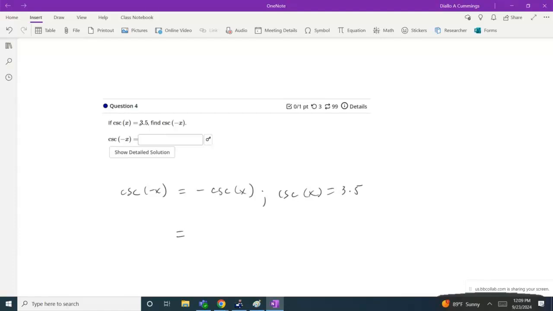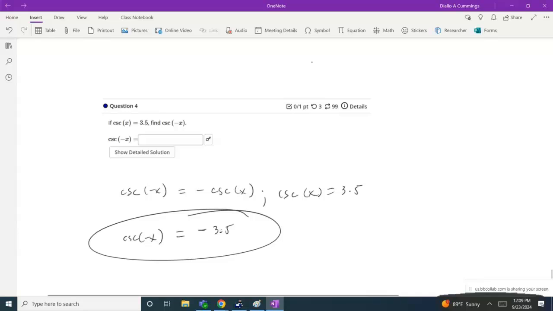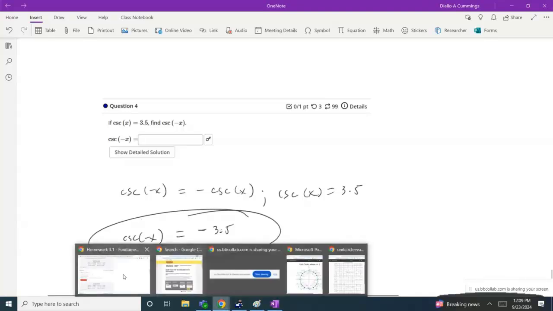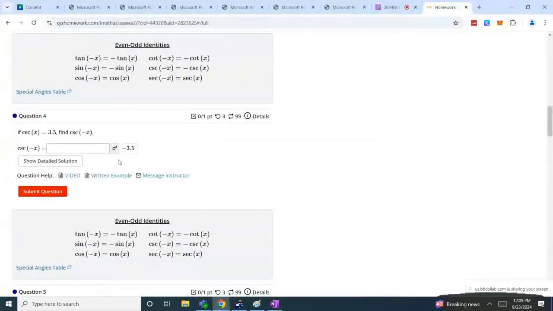So I'm going to bring down my negative. I'm going to substitute in the cosecant of x for 3.5. And the cosecant of negative x is negative 3.5. And then we'll do the last one, the very last problem.